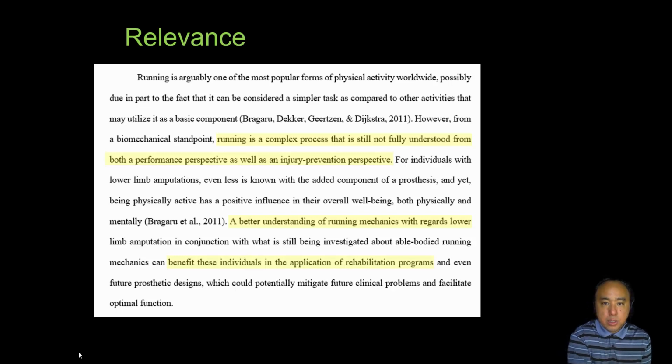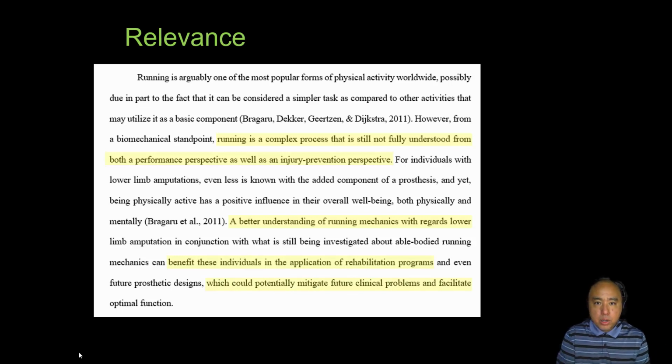Focusing on these individuals with amputations, little is understood about their specific running mechanics, and the data that she hoped to collect to test her hypothesis may benefit these individuals in terms of training and rehab, and could potentially mitigate future clinical problems and facilitate optimal function.